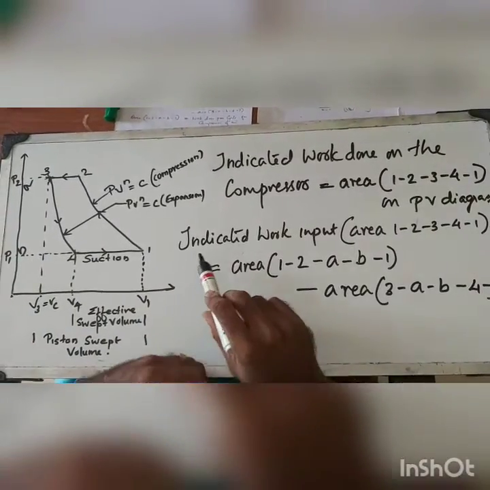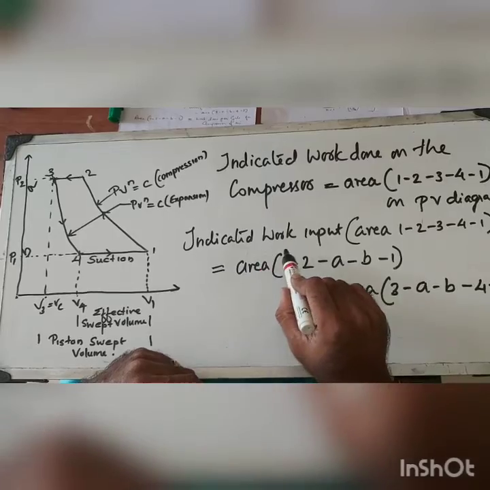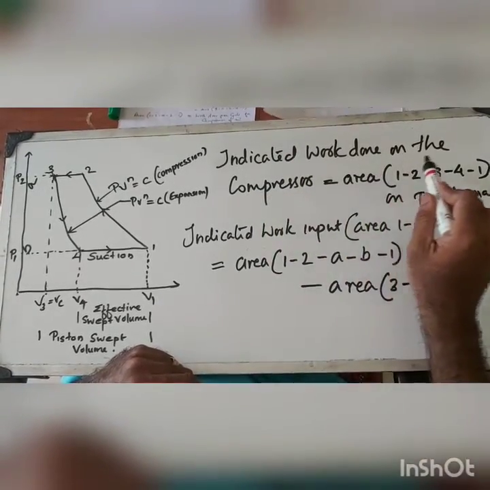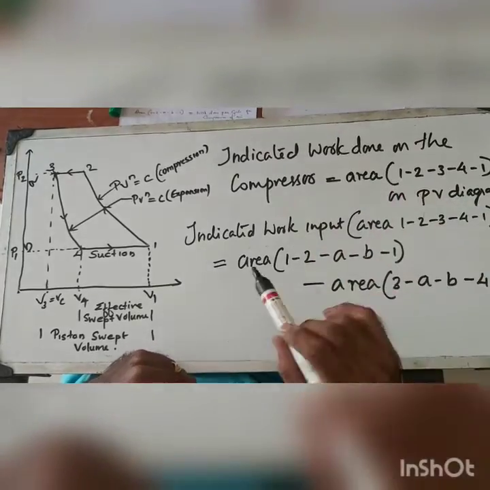So this is the equation for indicated work input, that is the indicated work done on the compressor.